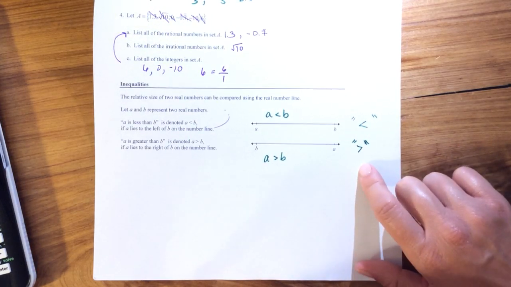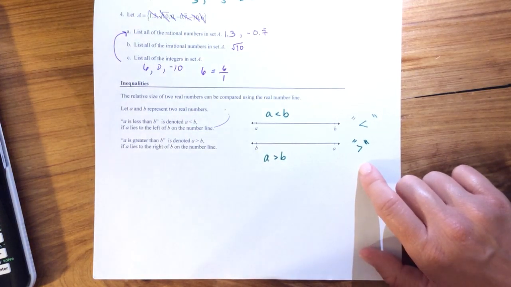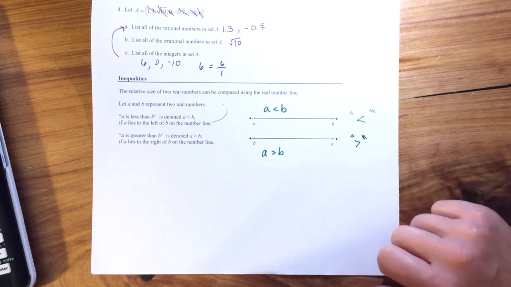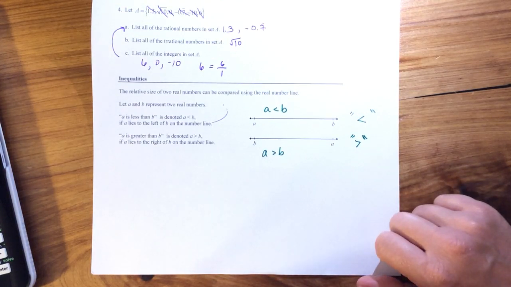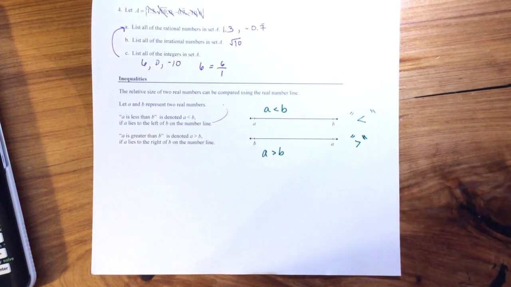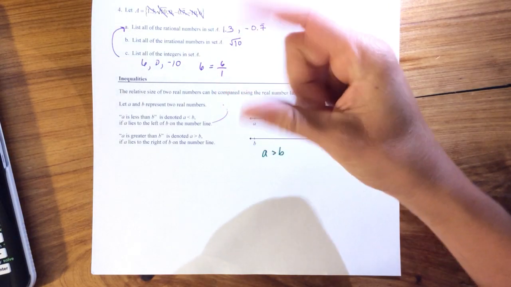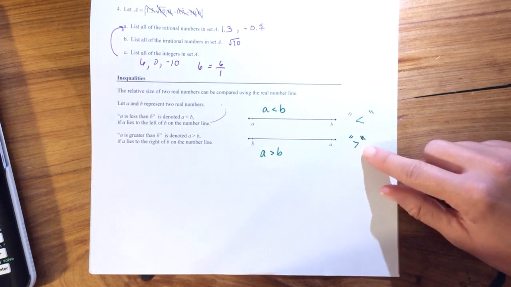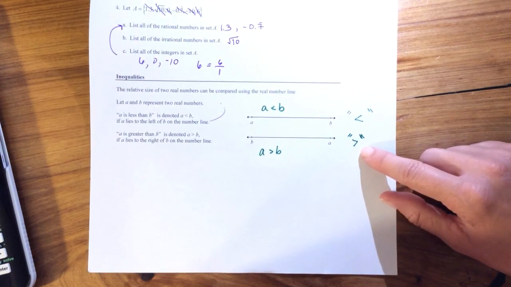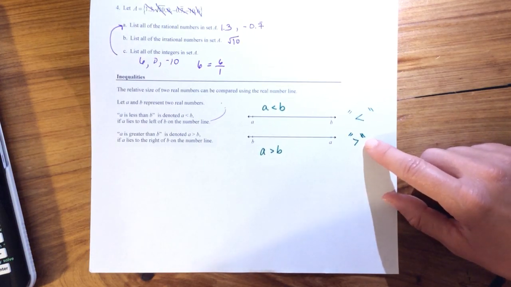Another thing, way back when I was in school, probably elementary school, have you ever learned the little alligator technique? The alligator's mouth is hungry, so it wants to eat the bigger number.